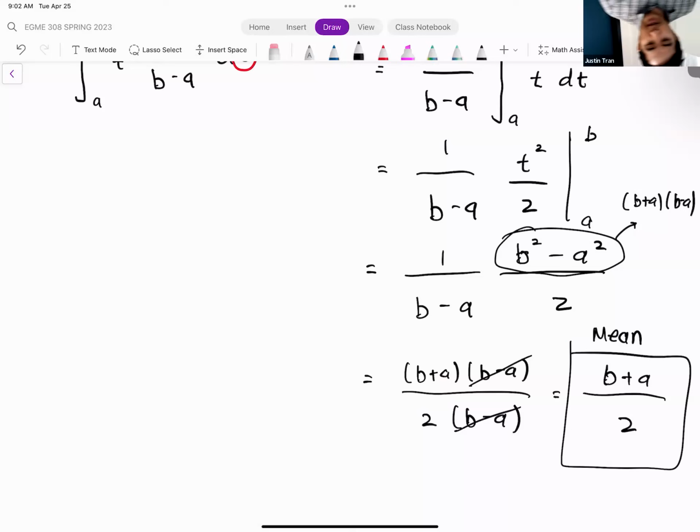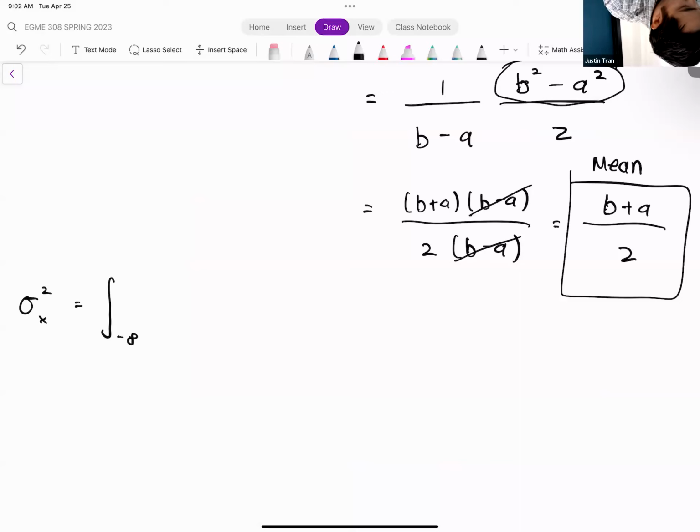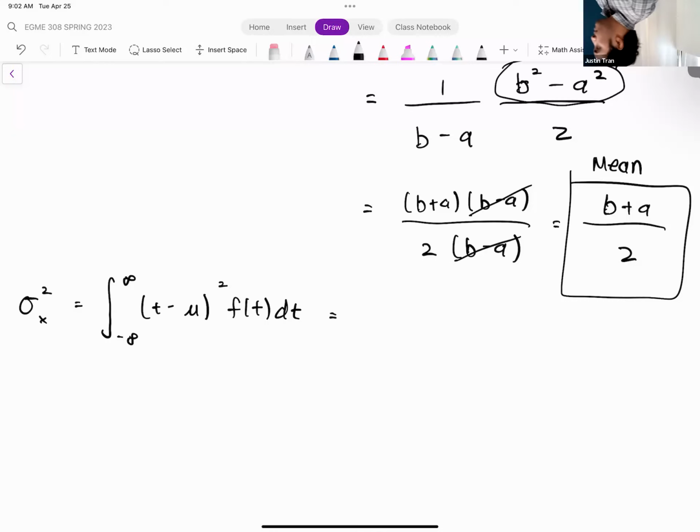All right, so let's go ahead and compute the variance. Our formula for this is the integral from minus infinity to infinity of t minus mu squared times f of t dt.